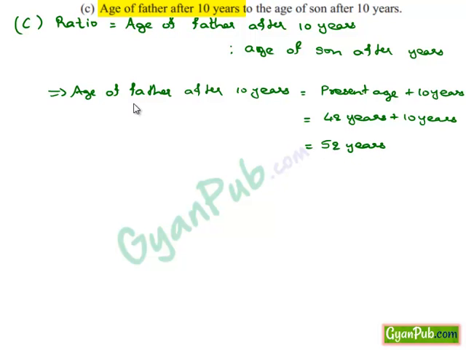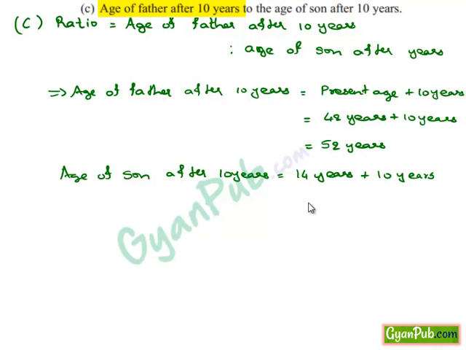Therefore, age of father after 10 years is 52 years. Similarly, age of son after 10 years will be present age plus 10 years, that is 14 years plus 10 years, which gives 24 years.